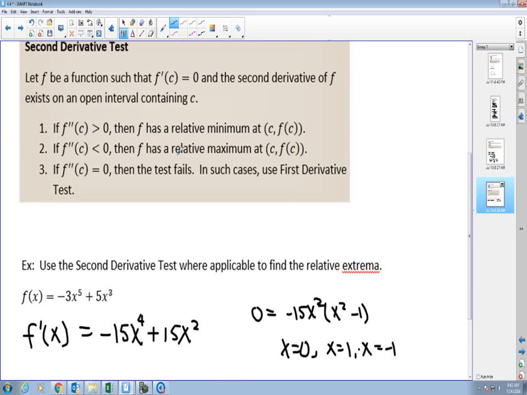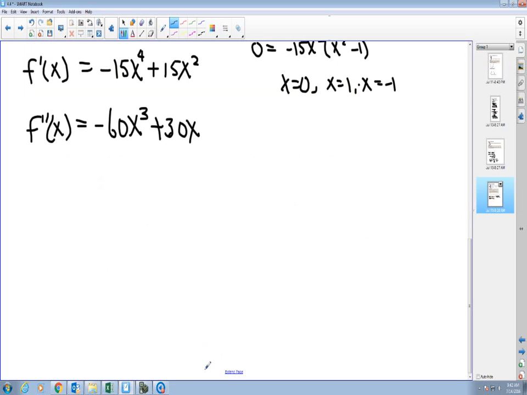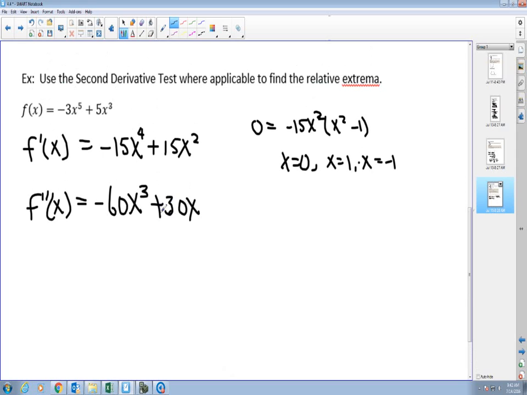Alright, second derivative test. The second derivative of the function is negative 60x to the third plus 30x. I'm not going to set this equal to 0, because I'm not trying to find concavity.